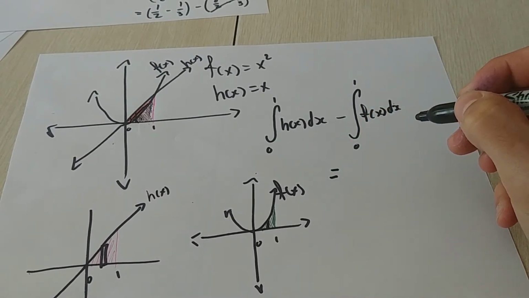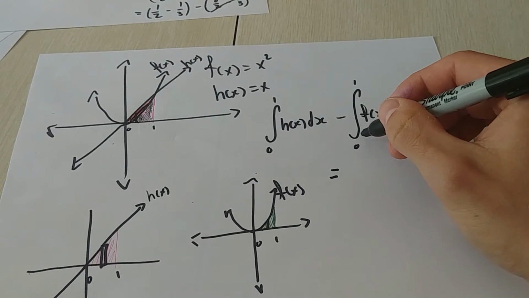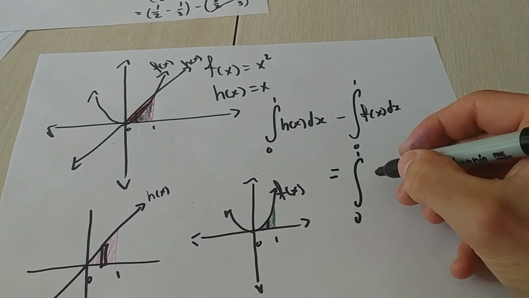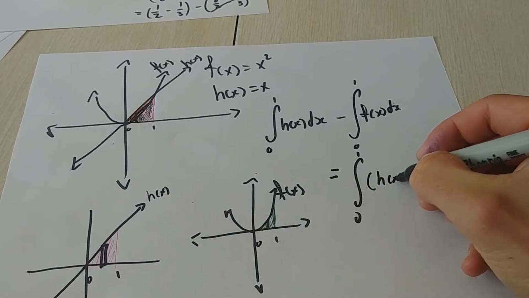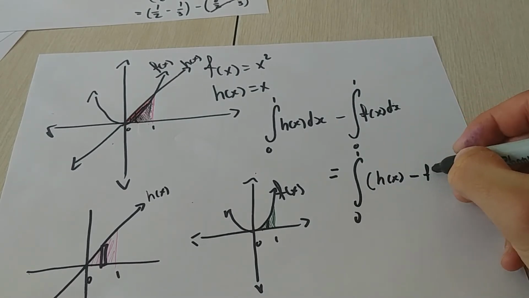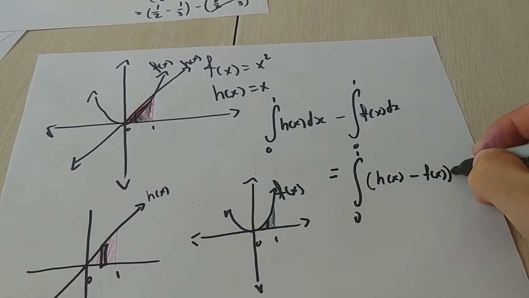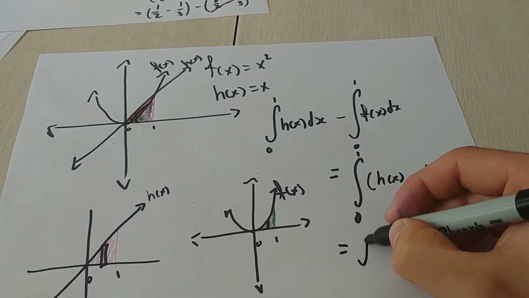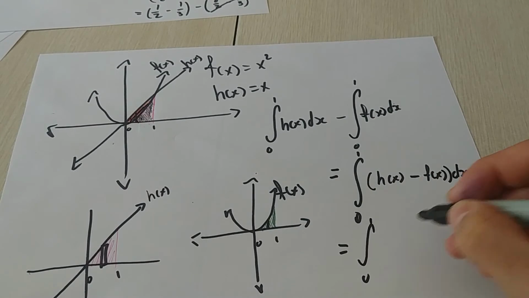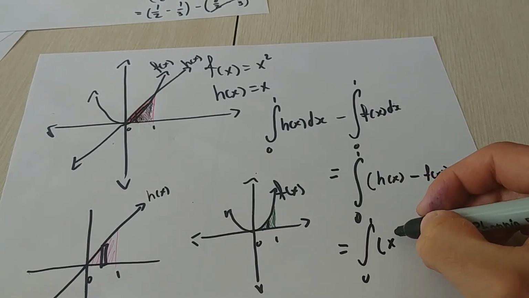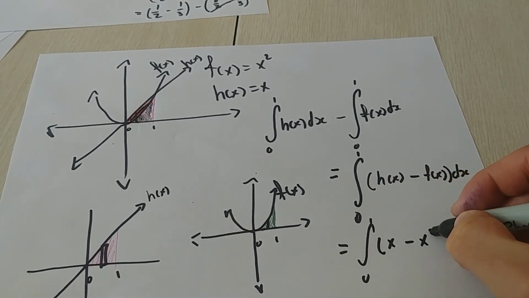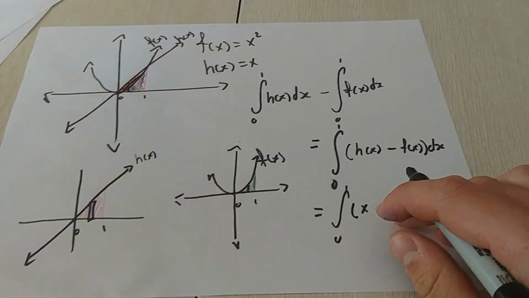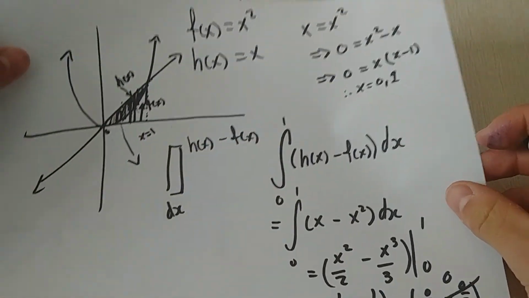And using a property, we can bring out this integral from everything and get h of x minus f of x dx. And that's nothing but x minus x squared dx. And that's exactly what we had on the other one.